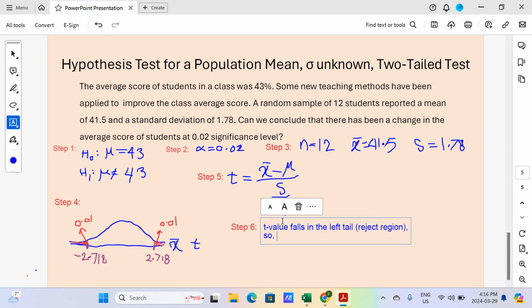So we reject H0. The H0 that says the population mean, the average score of the students, is 43% is rejected. So we conclude there has been a change in the average score of the students at this level of significance, 0.02.